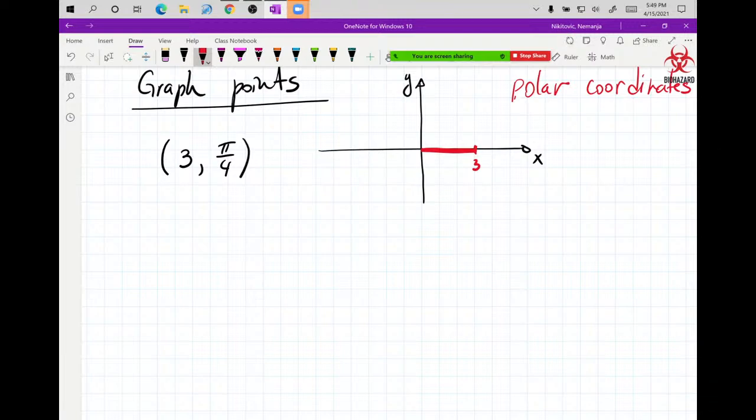And then we are going to swing that at 45 degrees. So let me first make a construction line for 45 degrees. That's your pi over 4. And now, when I swing this over, it creates this point, and that point there is (3, pi over 4).